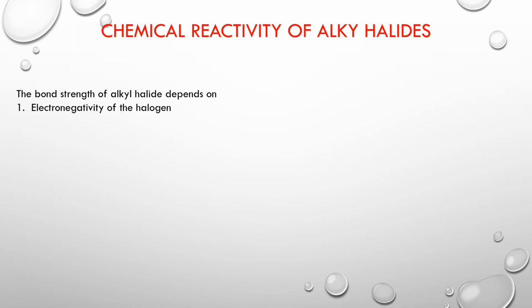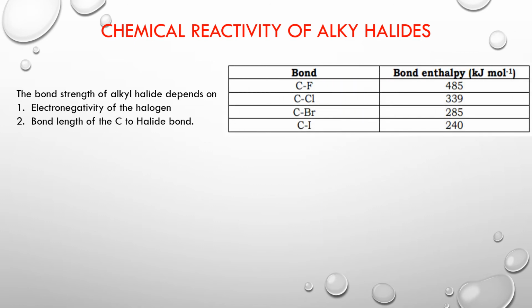Number one, the electronegativity of the halogen, which I will be talking about later. And number two, the bond length of the carbon to the halide. So if we look at this table here, let's compare the bond enthalpy of the different bonds between carbon and halide.